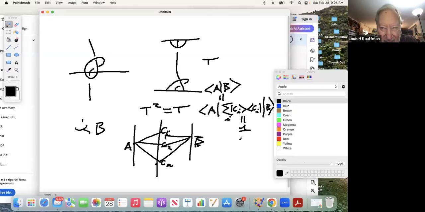You have that the identity is equal to this summation. And so you can put that in and you get the sum on i of <A|Ci><Ci|B>.